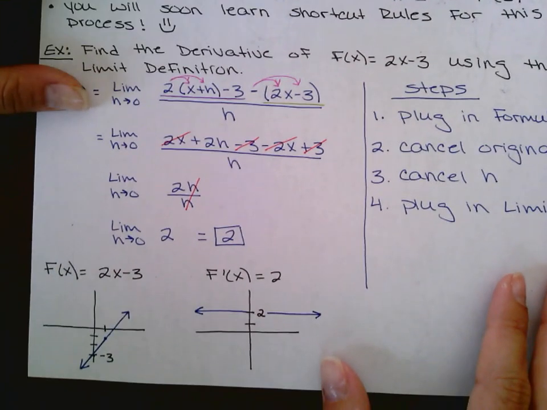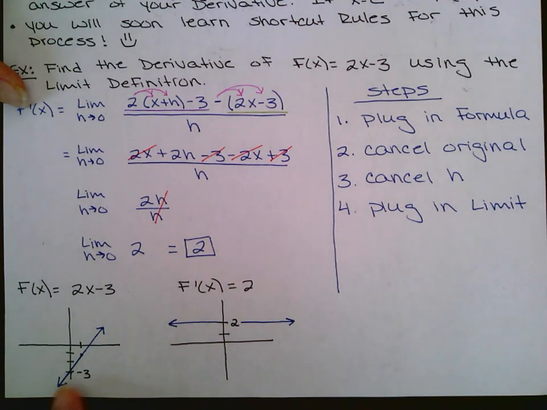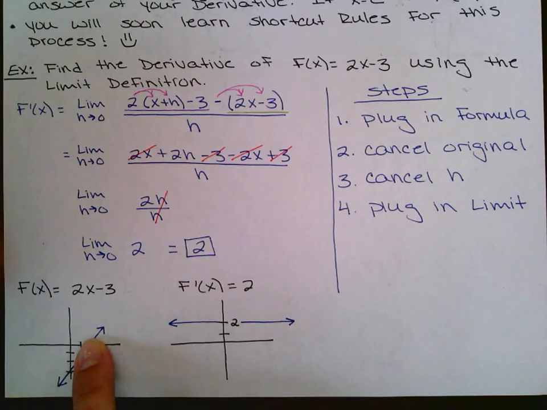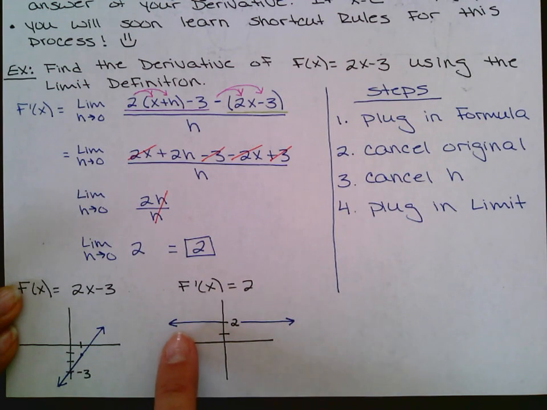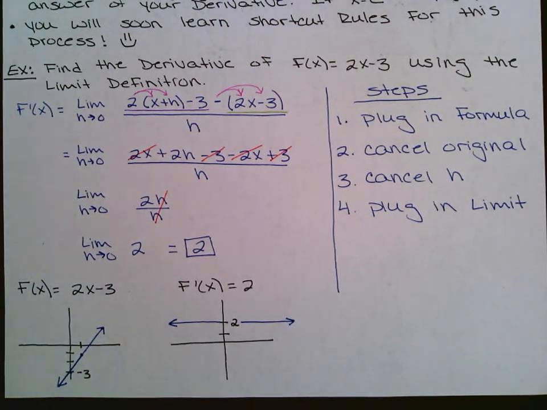Here my original function was 2x minus 3, which is a linear function. Linear functions reading left to right are always positive. We said that the slope here was always going to be positive 2. So you could see that for my derivative function, the value is always a positive 2. And again, I don't want you to stress about the graphs. It's something that you're going to start seeing little by little that you will get much more of in the following chapter.